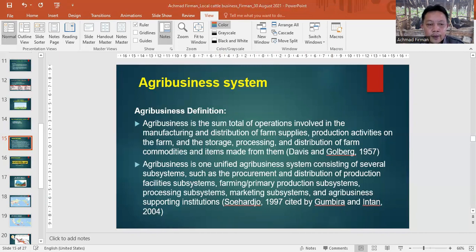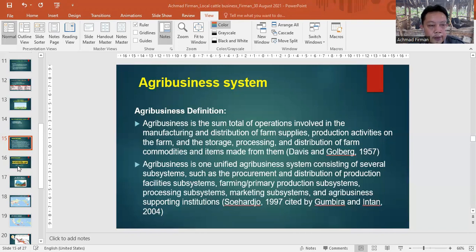So with the definitions, we can conclude that agribusiness is a unified system of various subsystems in order to create value for the agribusiness product. That's the conclusion I try to make about agribusiness.